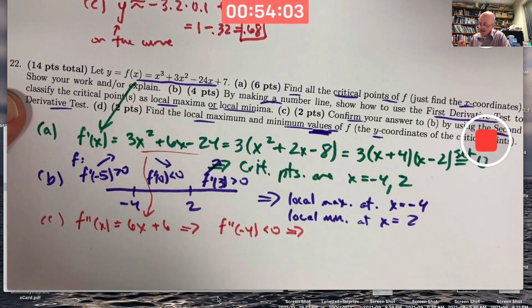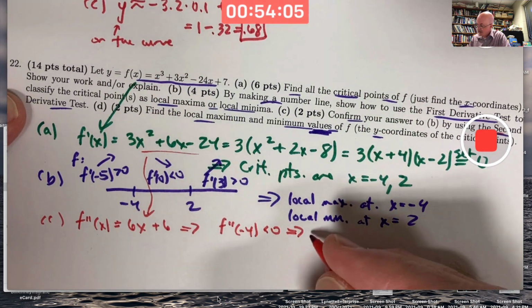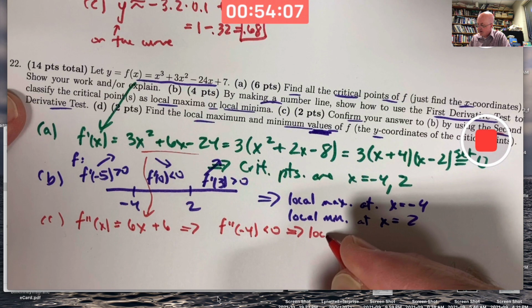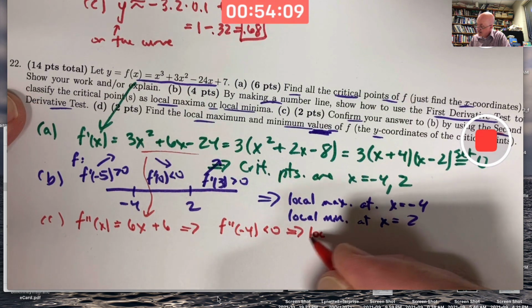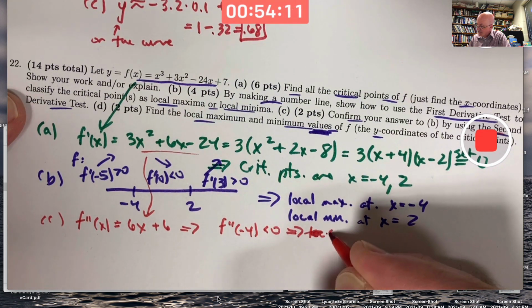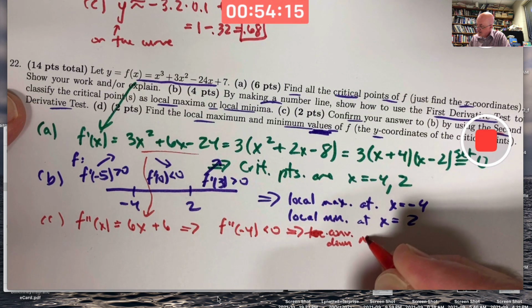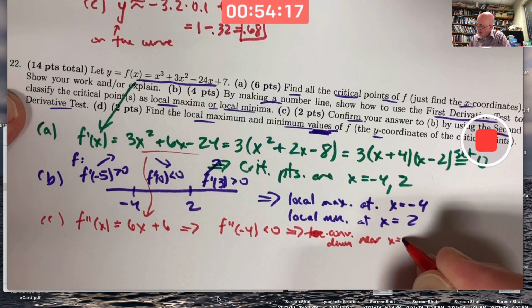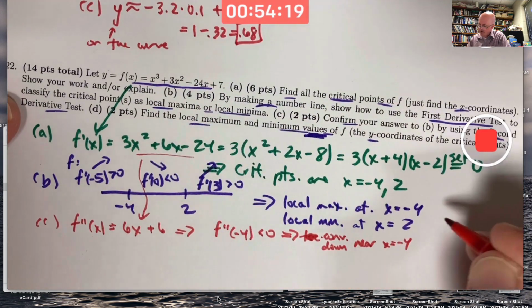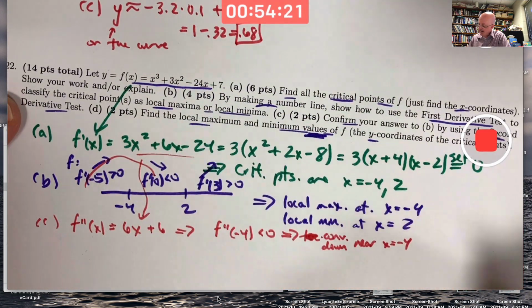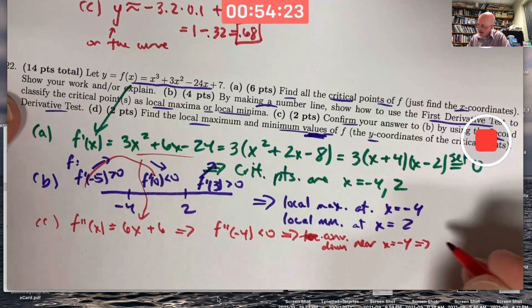And also the fact that this is a nice function, the second derivative is continuous, will imply that the graph is concave down. I'm going to go ahead and write that. Concave down near x equals negative 4. So the graph over there looks like that. And that means it's going to be a local max.